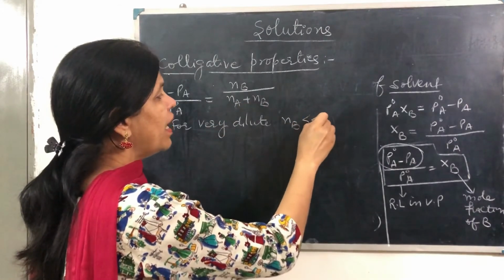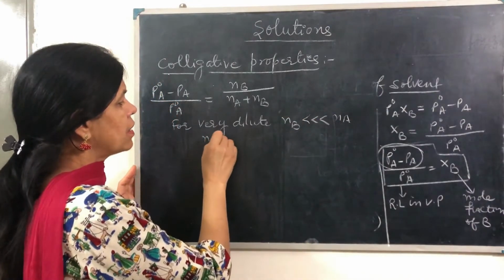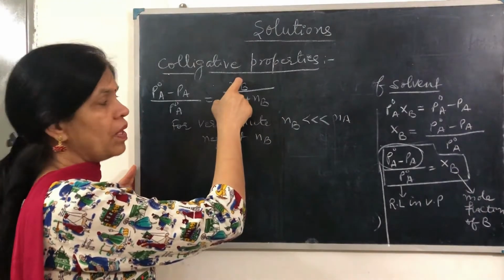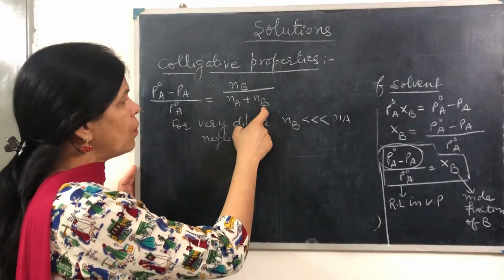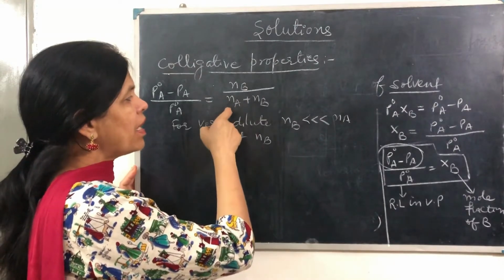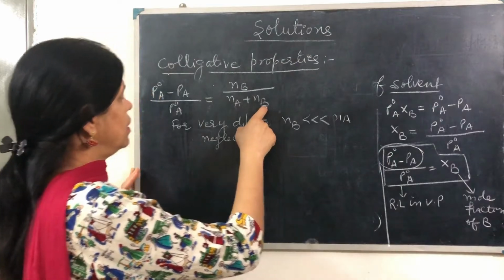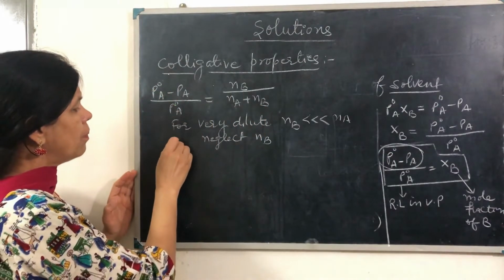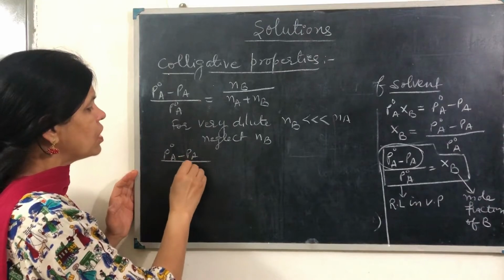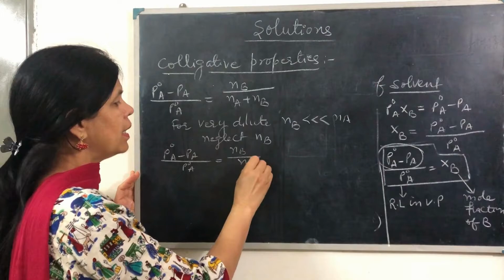Nb is very, very less than Na, so we can neglect Nb, not in the numerator, but only in the denominator, because there it is in addition to A. In comparison to A, B is very, very small. So it becomes P naught A minus PA upon P naught A, which is equal to Nb upon Na.